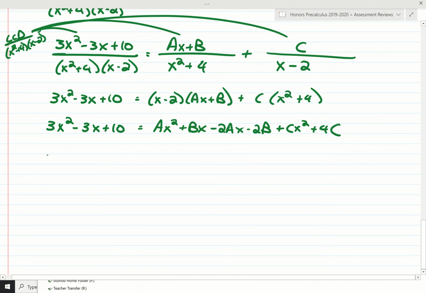Remember, our total number of x squared terms has to equal the same on the left and the right.